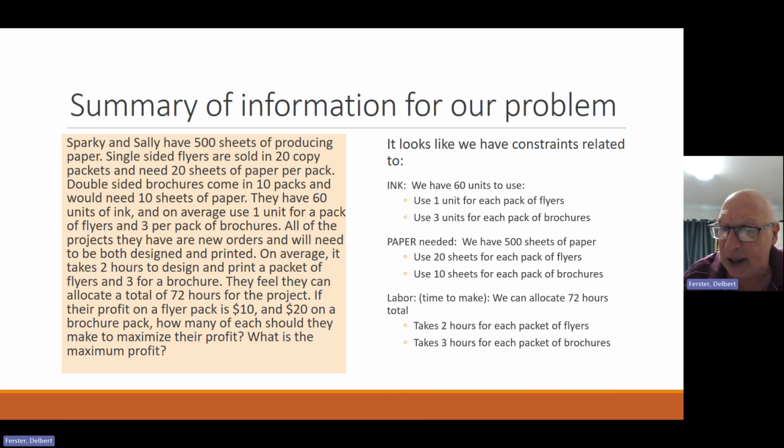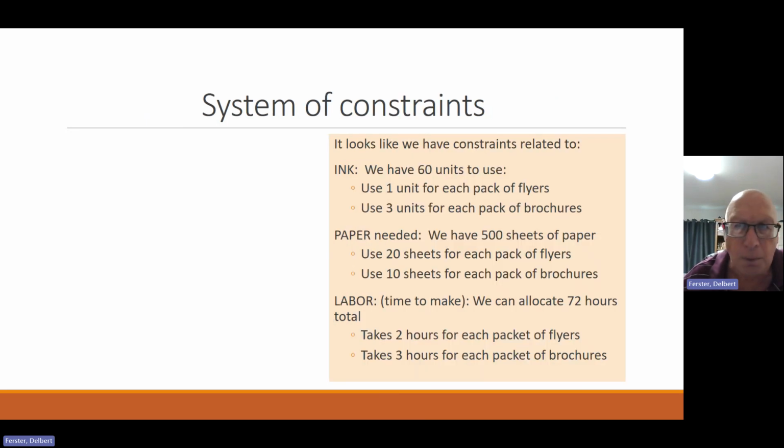And we have labor as a constraint. We can only allocate 72 hours total. It takes 2 hours for each packet of flyers and 3 hours for each packet of brochures. That's a synopsis of content from the problem that might be useful as we develop our system of constraints.